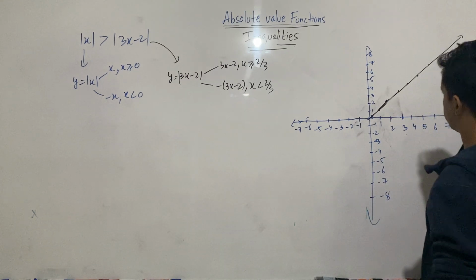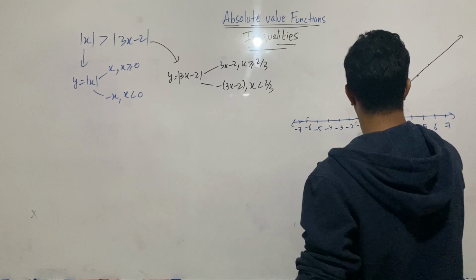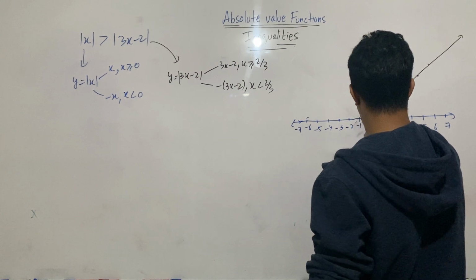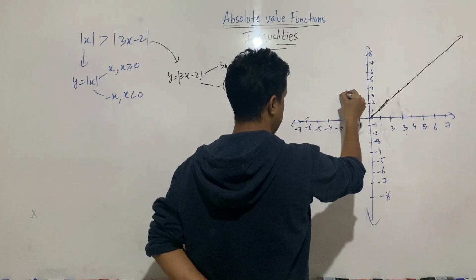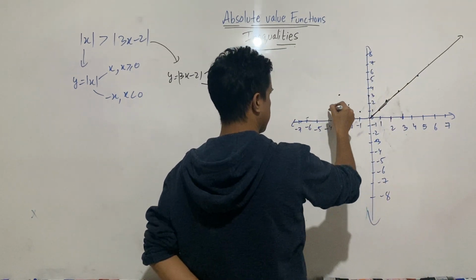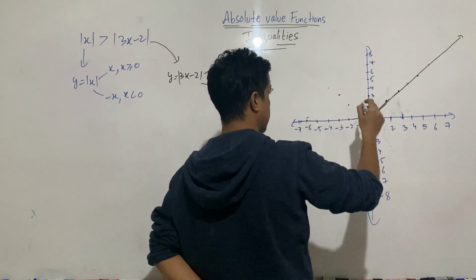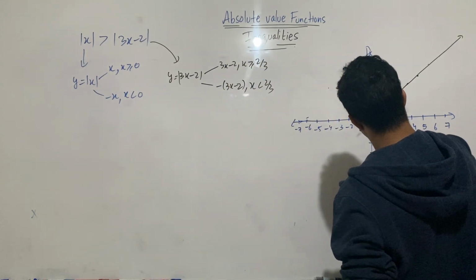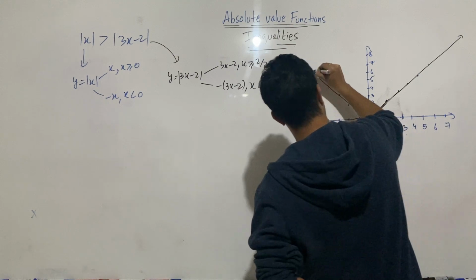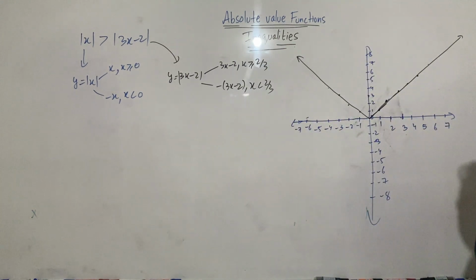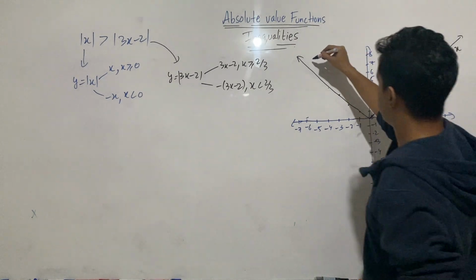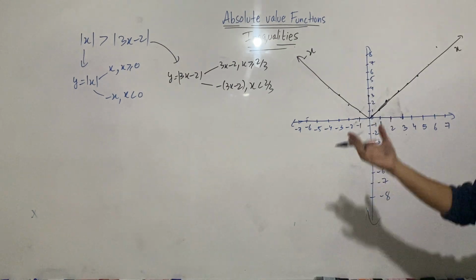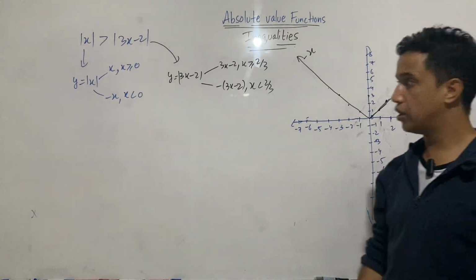Okay, and on this side this one is 3, this one 4. So it's going to be this on this side. Okay, so this is y, this is for x, this is minus x. I hope you agree. This is quite simple.